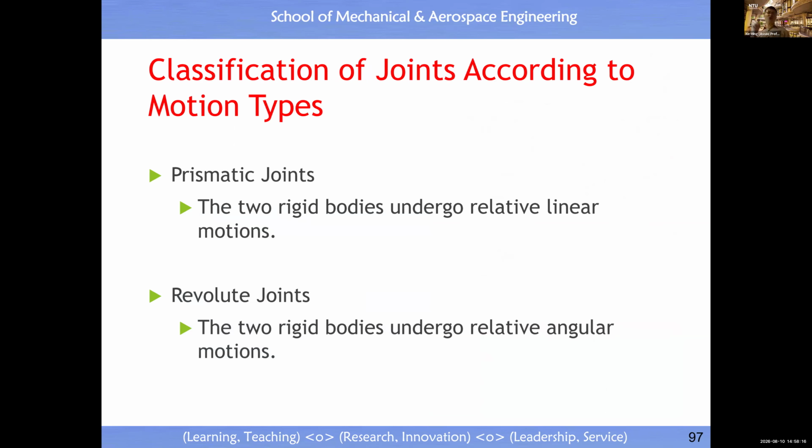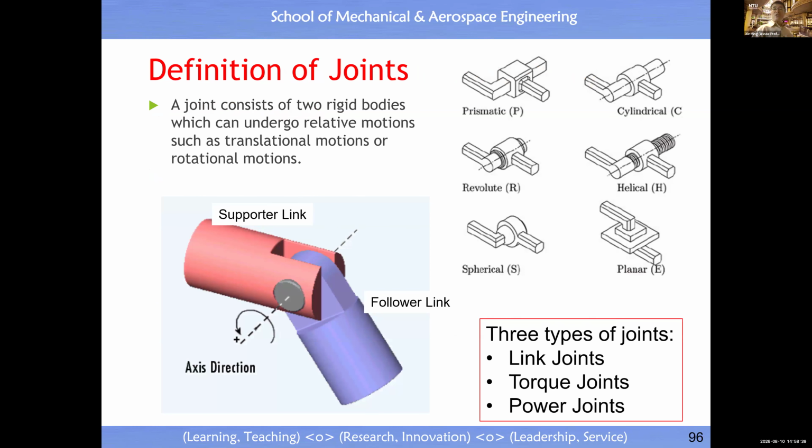And in terms of the type of motion, we have two types of motion, all right? Just now I mentioned that a joint is a device which enables one degree of freedom. And this degree of freedom could be translational motion or rotational motion. If the joint enables translational motion, then we name it a prismatic joint. And this type, you must associate it to the link joint, or eventually the torque joint, right?